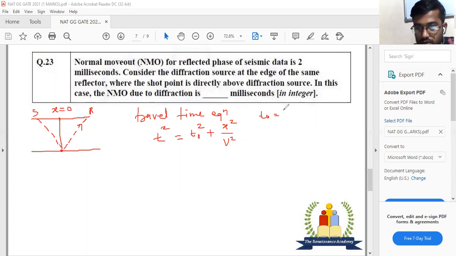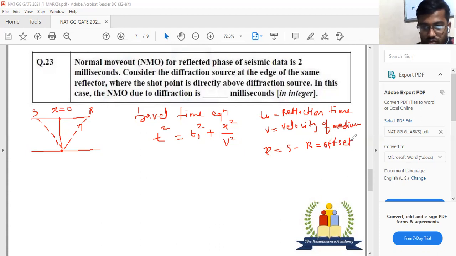T naught is your reflection time, then V is your velocity of medium, X is the distance between source and receiver, source to receiver distance, or you can say offset.